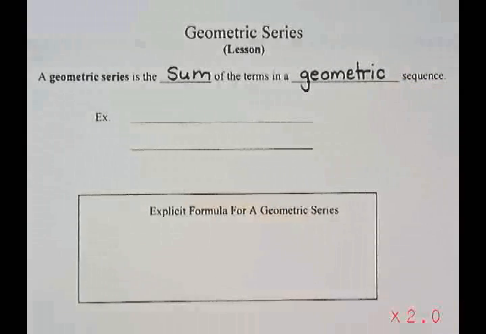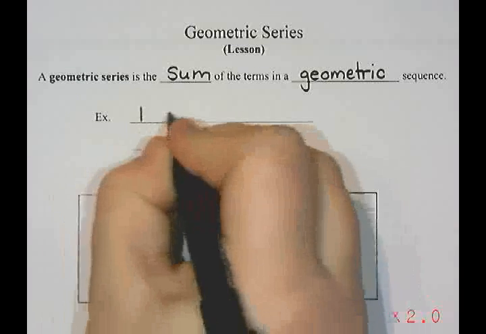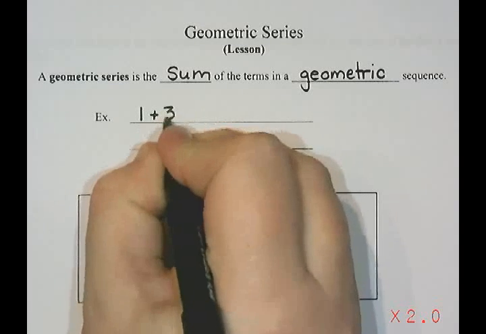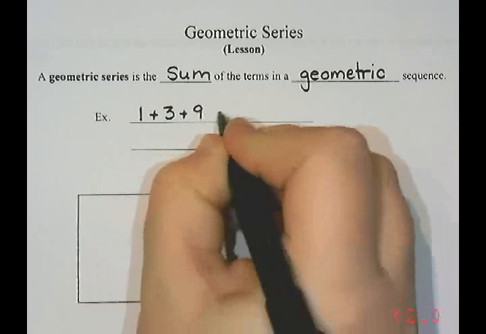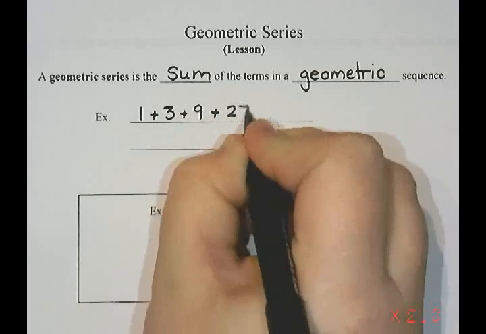Now, what is a geometric sequence? A geometric sequence is a list of terms where we are multiplying or dividing by the same number every time to get the next term. So if we're doing a geometric series, it's really just a sequence, but we're adding up all the terms. So an example could be 1 plus 3 plus 9 plus 27.